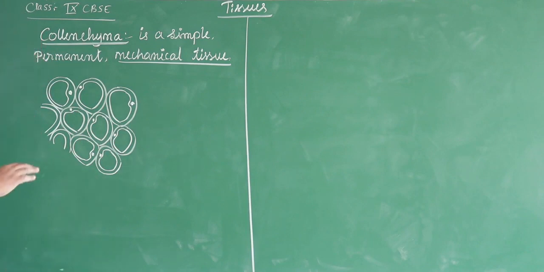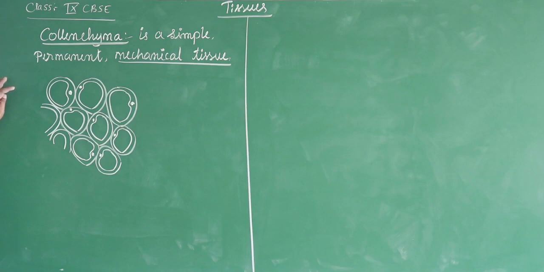Now look here, this is the collenchyma, just like parenchyma. Let's see what the difference is. Here also you will find nucleus, cytoplasm, cytoplasmic connections, everything is there.